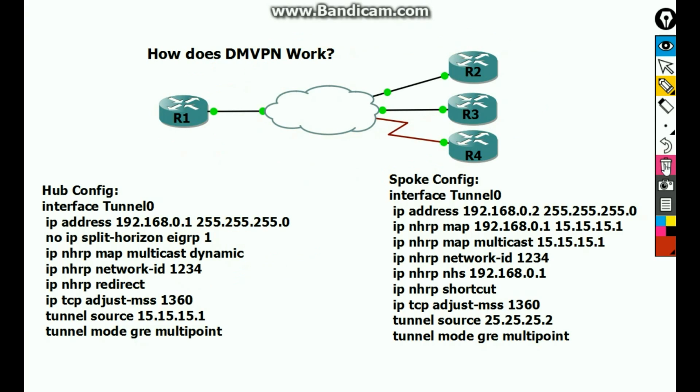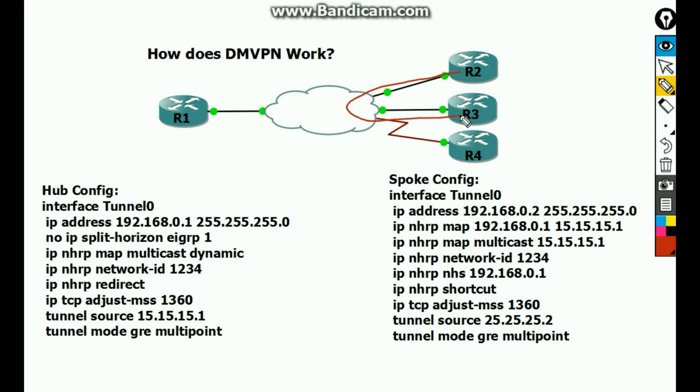Now that's basically all you need to do for setting up the hub. But if you want to go into phase 3 of DMVPN, then you need to turn on ip nhrp redirect. So router 2 doesn't always have to go to router 1 to connect to router 3. Since these are all geographically separated, why doesn't router 2 just go through the internet and connect directly?